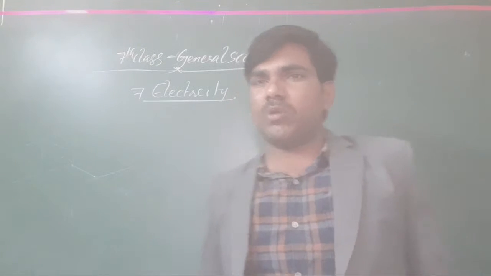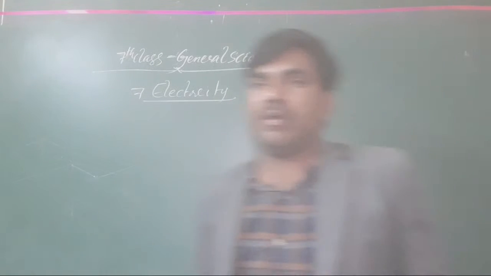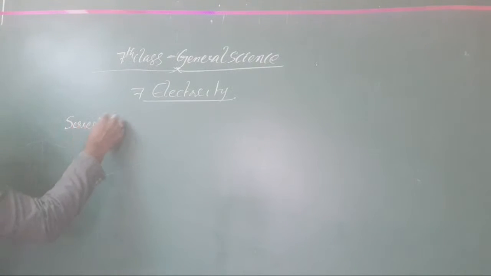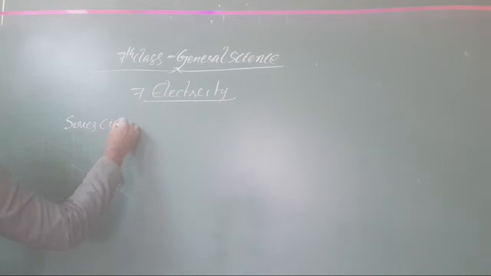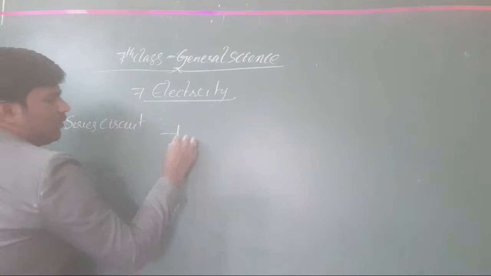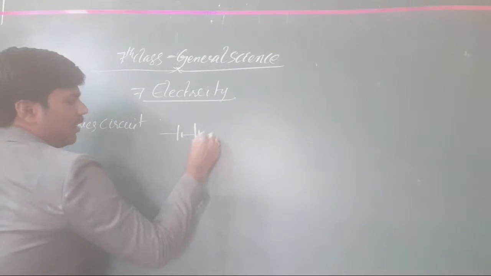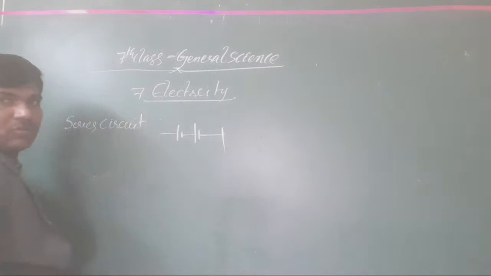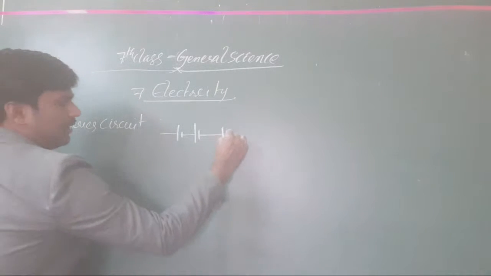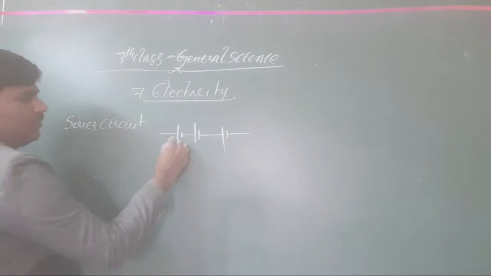Now we are going to discuss one more concept, the series circuit. Already you know what a series circuit is. A positive terminal is connected to the negative terminal, and the negative terminal is connected to the positive terminal of the battery. That is called a series connection.